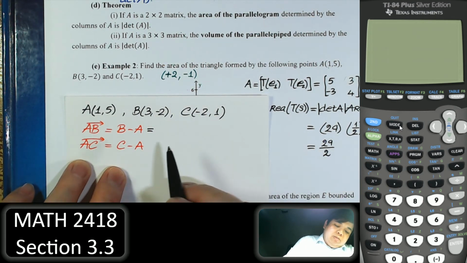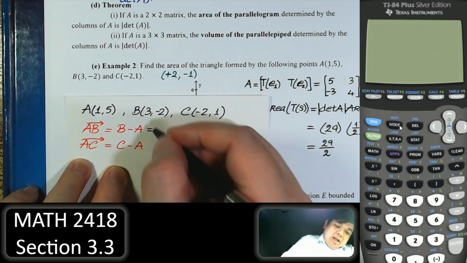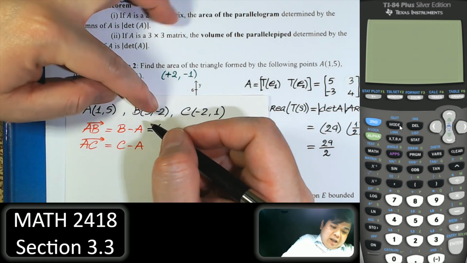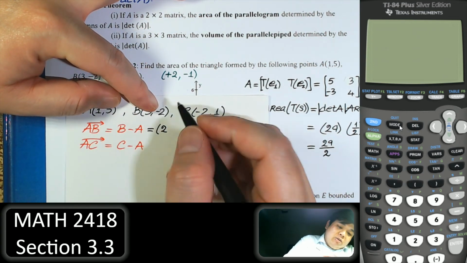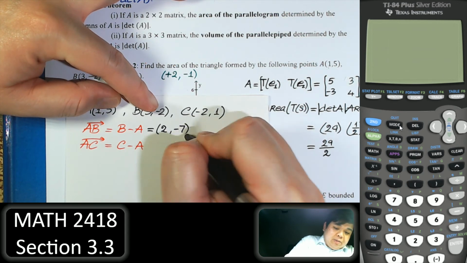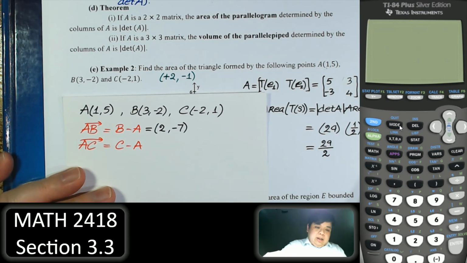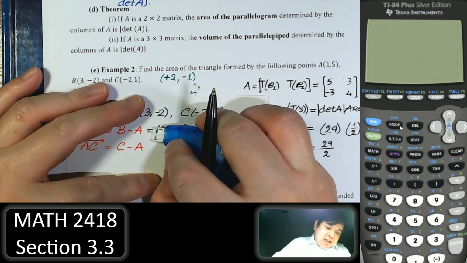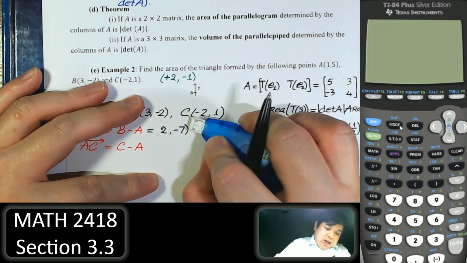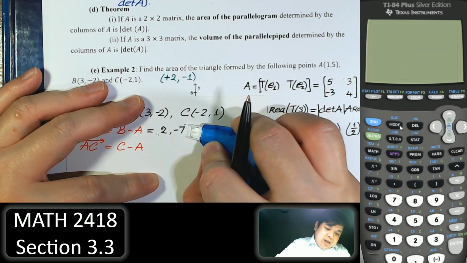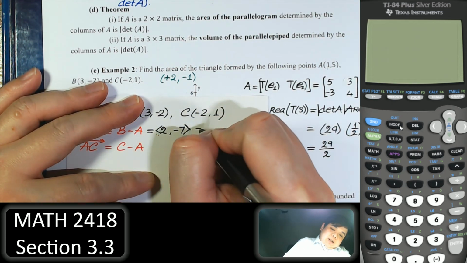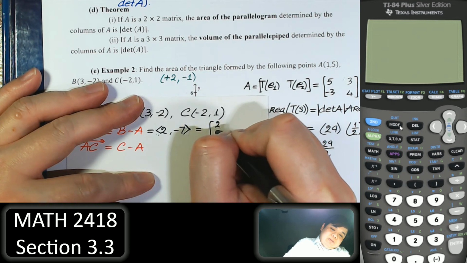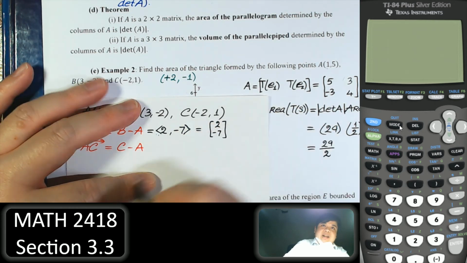So B minus A: 3 minus 1 is 2, negative 2 minus 5 is negative 7. If we write that as a vector in pre-calc, let's try using the angle bracket notation, or we could write a column vector.